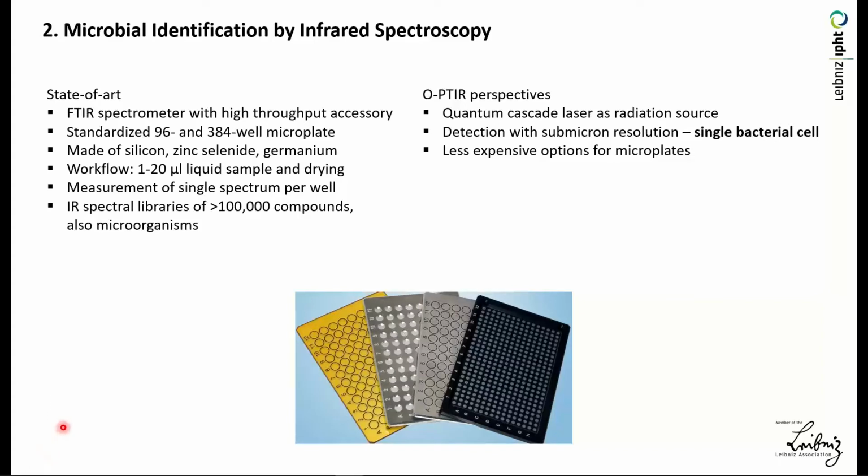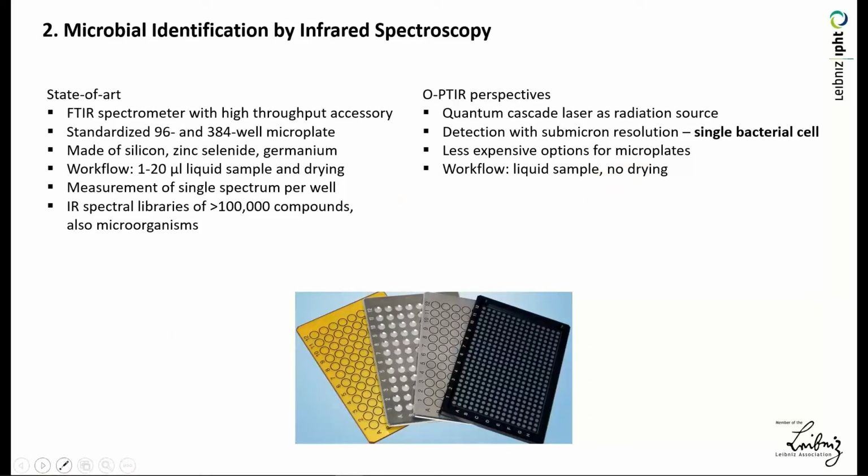There are also less expensive options for microplates, for example, glass microplates, which are coated with metals, and the workflow can also be changed. So liquid samples can be probed, and no drying is required anymore.